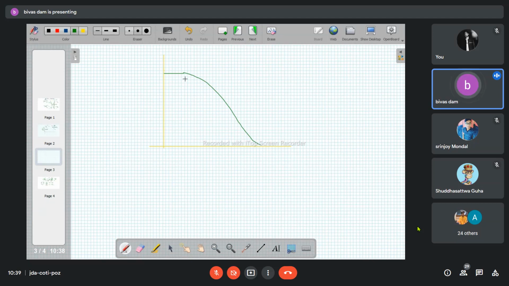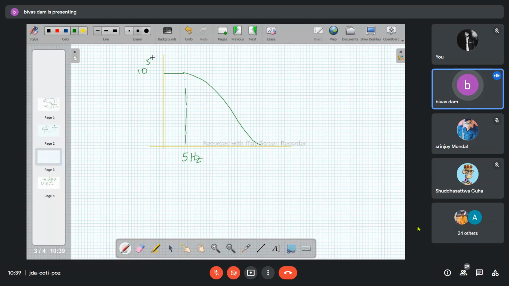This 3 dB frequency is hardly 5 hertz. There it is 10⁵. But after that, there is a roll off. So if you go on increasing the frequency, the open loop gain will also start falling.